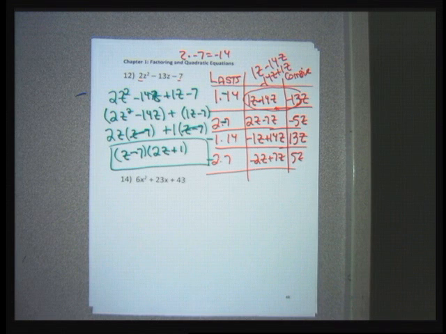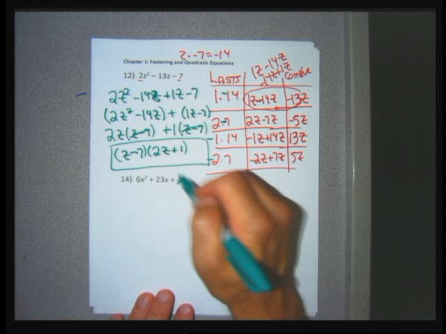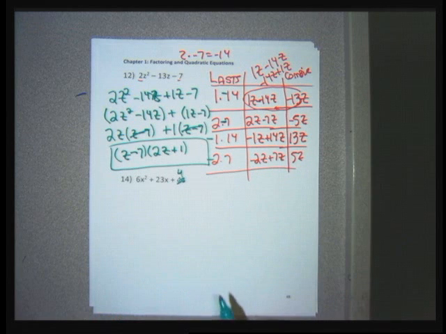So let me change this to something that I hope works. Yeah, I think I just meant to write 4 here. So I'm going to change problem 14, and when you print it out, it'll already be changed.